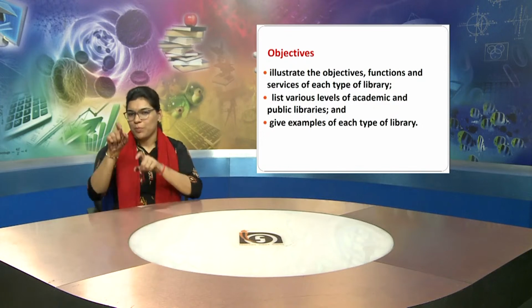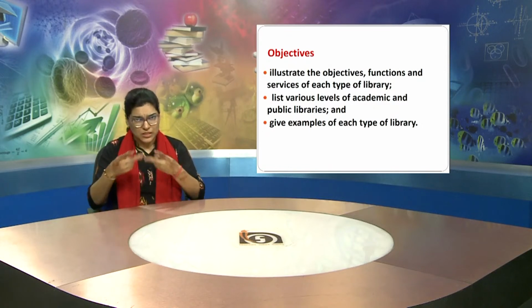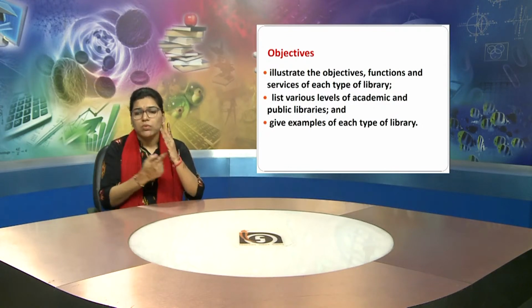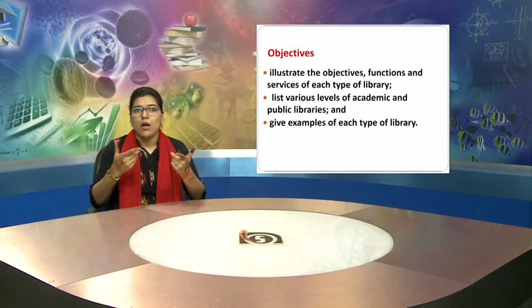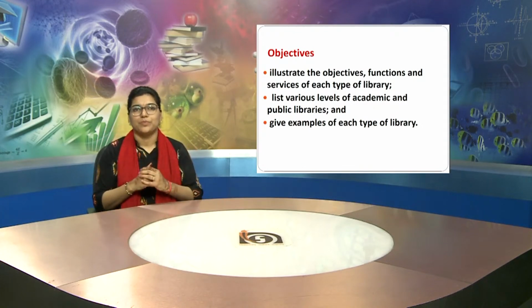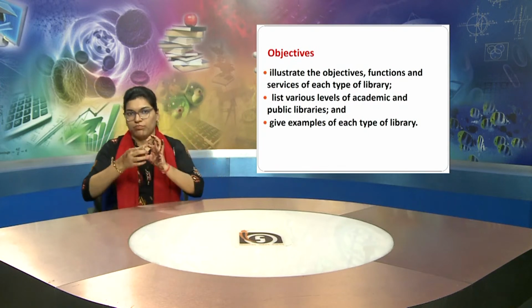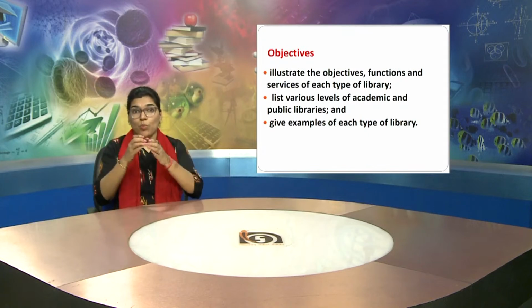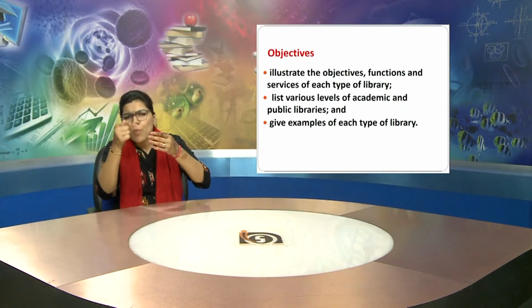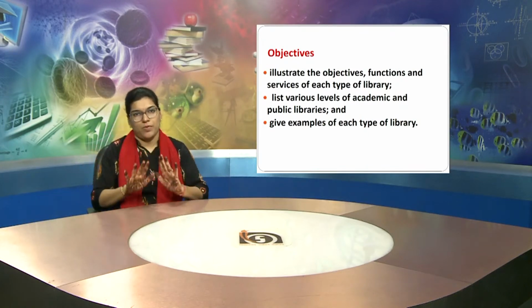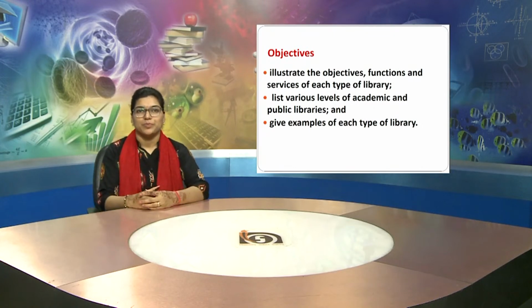Also, we will be able to list various levels of academic and public libraries. And the third objective, which is in continuation of the first and second, will help us understand and give examples of each type of library.